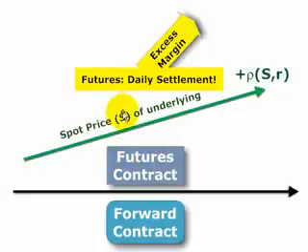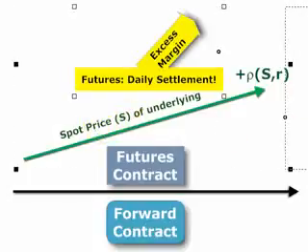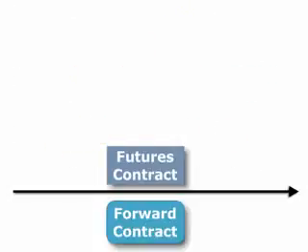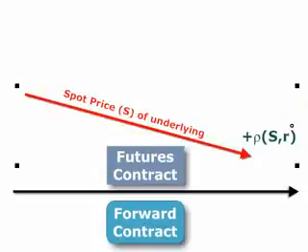What happens if instead the spot price goes down? We can consider that scenario. Here, where the spot price declines, we're going to maintain the same assumption, positive correlation between spot price and interest rate.